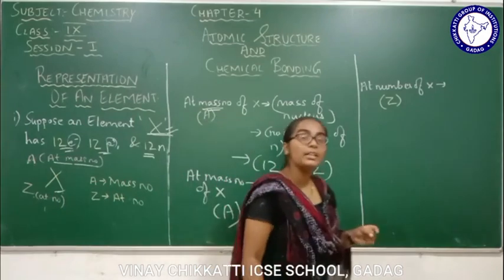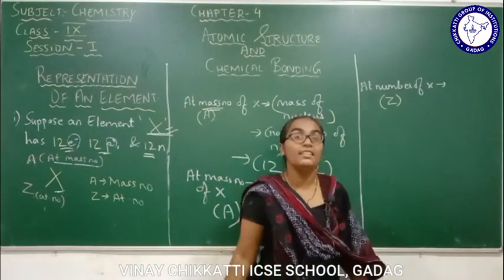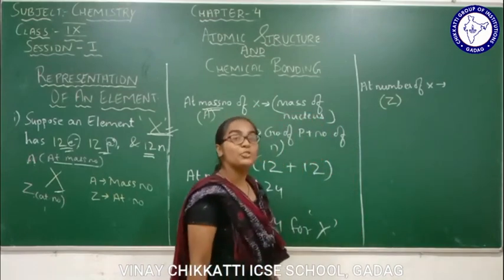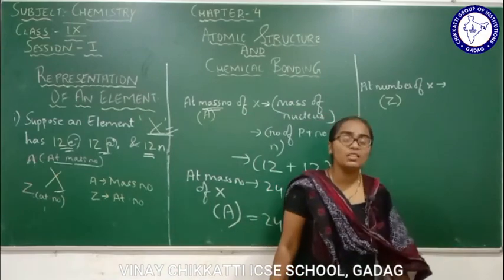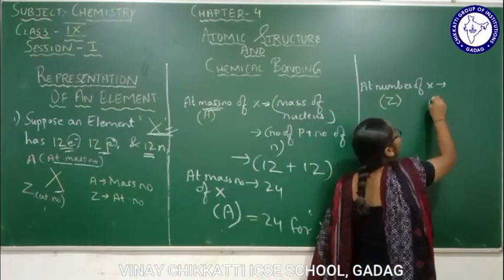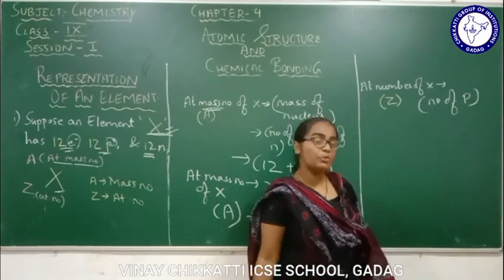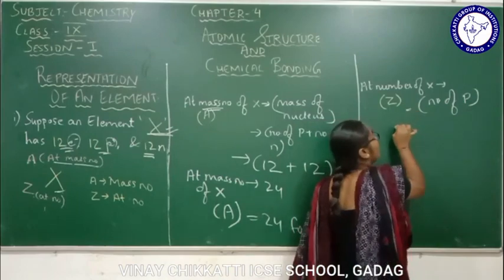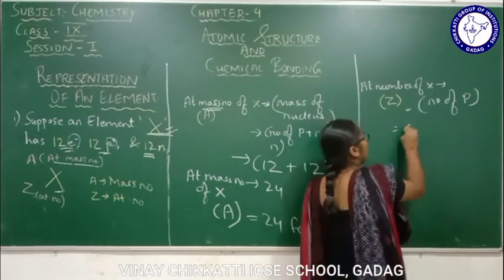Now what is atomic number? First comes atomic mass number, then the second one, Z, atomic number. Atomic number is denoted by the symbol Z, right? Atomic number means the number of protons, or the number of protons is also equal to the number of electrons.